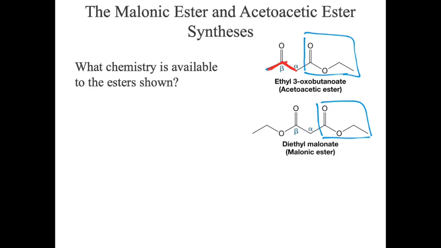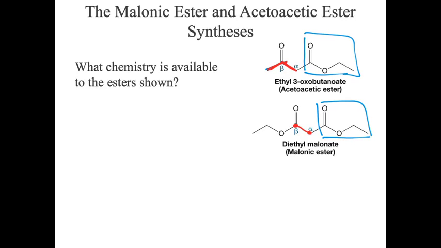How many carbons am I adding? The acetoacetic ester adds sets of 3. The malonic ester adds sets of 2 carbons. The whole rest of that structure is eliminated.